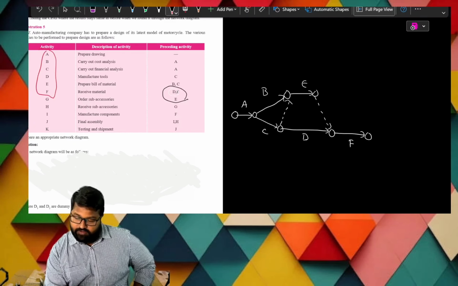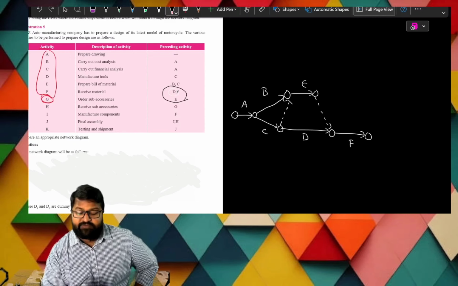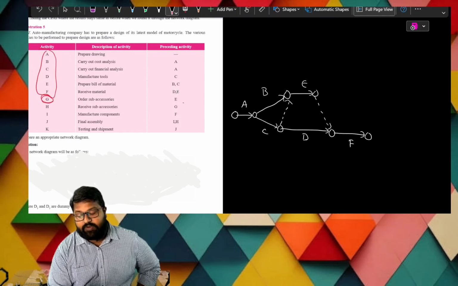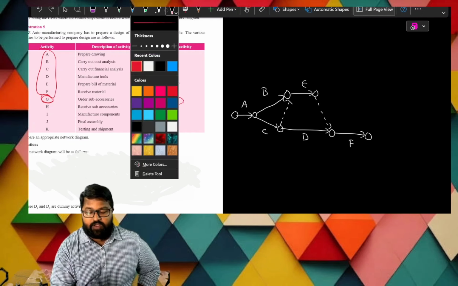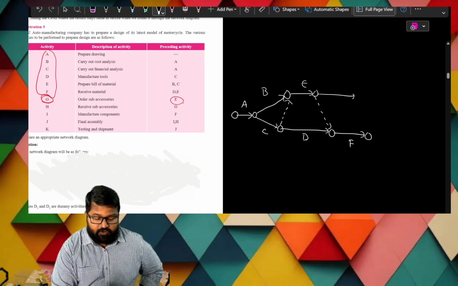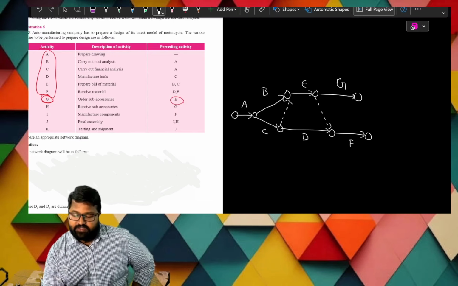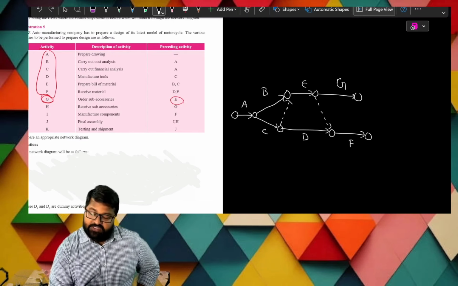Now G. G is emerging from the E activity. So where is the E activity? Here. So G I have drawn. Next, H is emerging from G. So H is emerging.